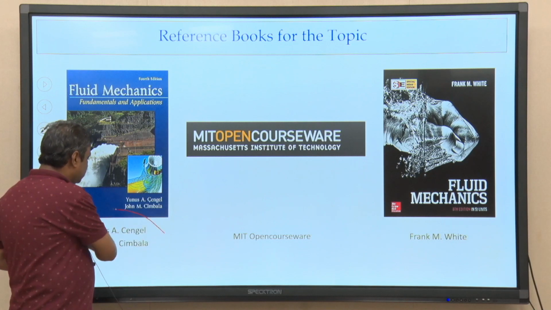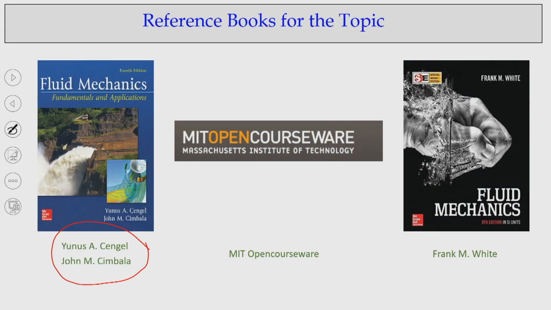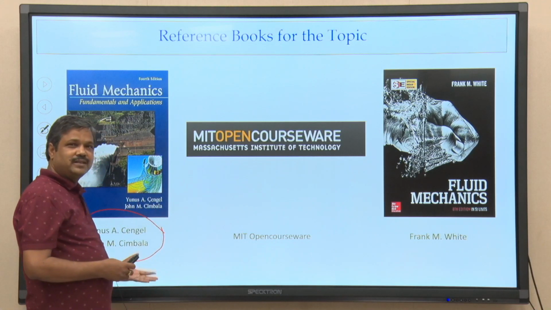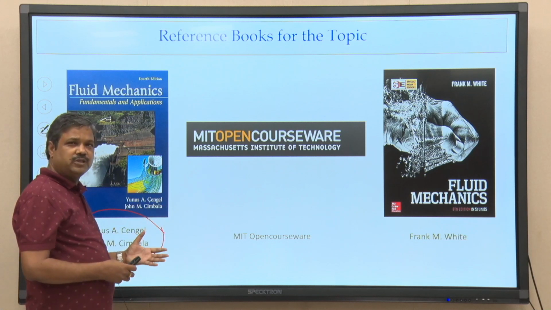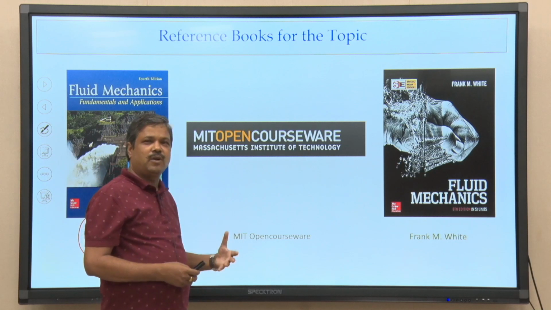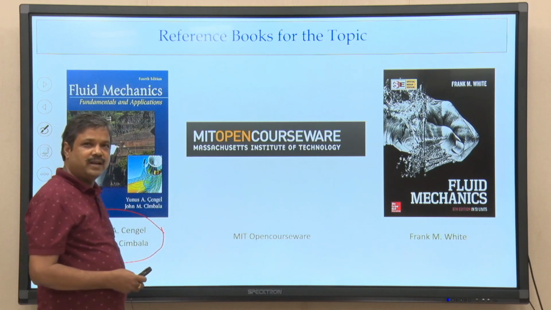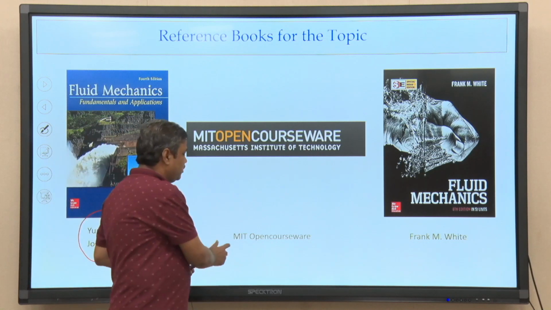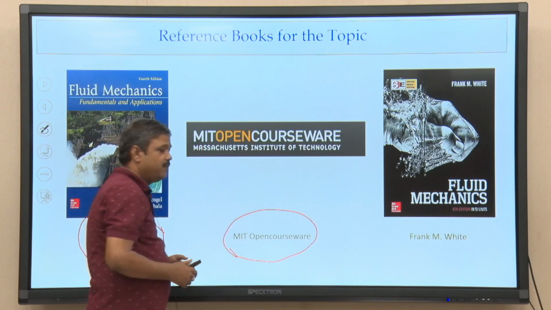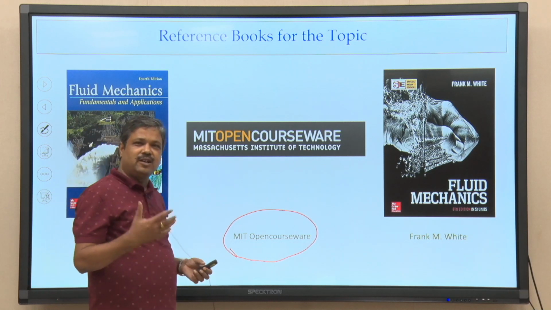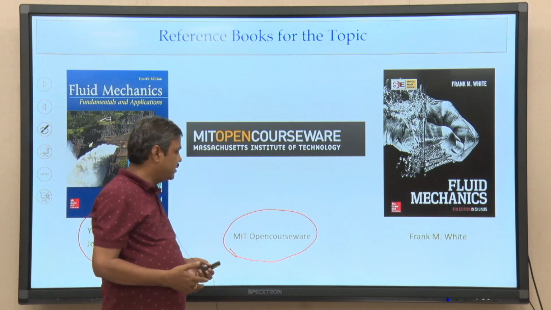As I said earlier, we follow the Cengel book, which has interesting derivations as well as a series of illustrations that make fluid mechanics problems easier to understand. That is the strength of this book. There is also a lot of MIT OpenCourseWare, and I encourage you to look at it.